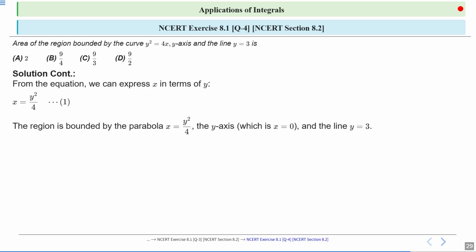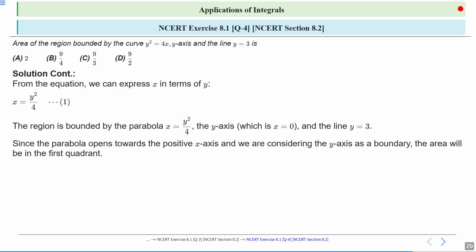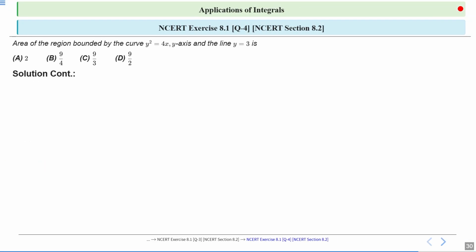The region is bounded by the parabola x is equal to y square by 4, the y-axis, and the line y is equal to 3. Since the parabola opens towards the positive x-axis and we are considering the y-axis as boundary, the area will be in the first quadrant, as we already saw in the graph. The y value ranges from 0 to 3.